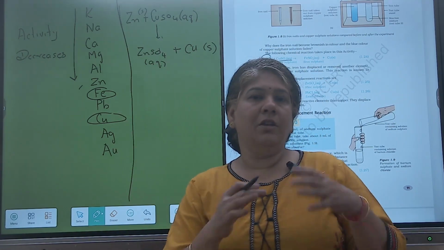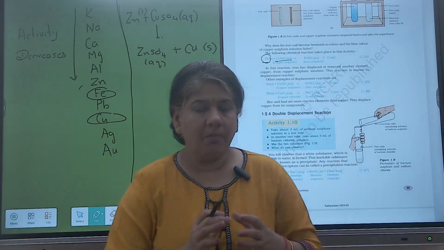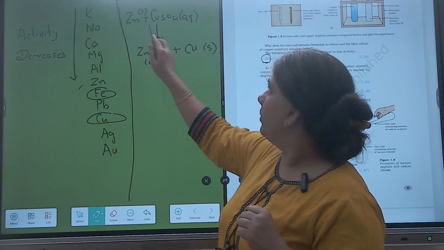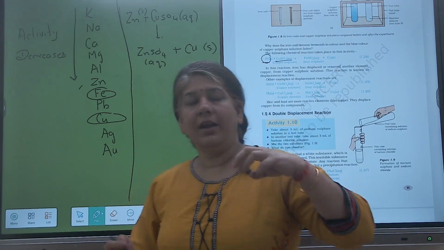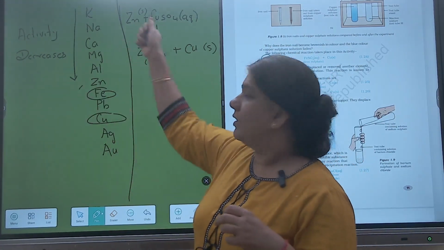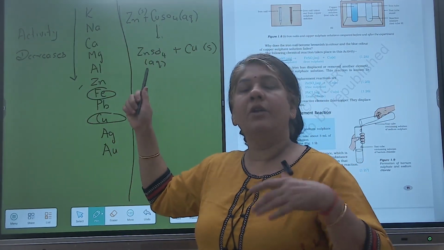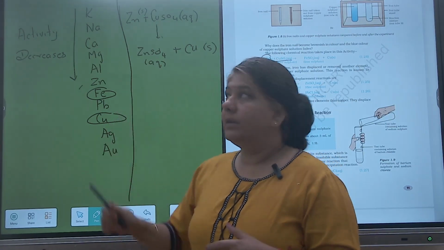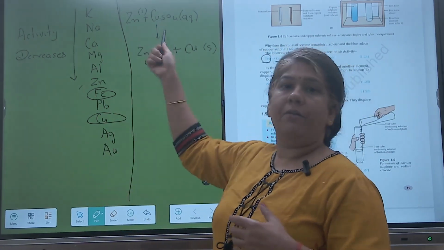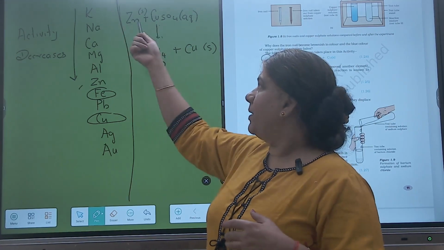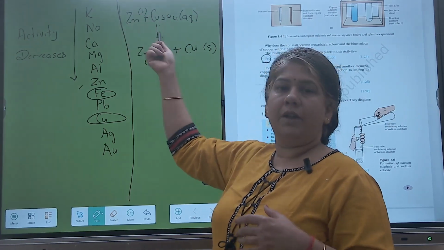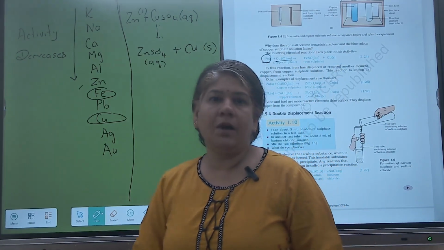Just imagine the solution is a home where the metal with lower activity is residing. The metal with higher activity will replace it or remove it from its home, or just push the copper away. So this is dominant and more powerful, so it will remove the one which is not so powerful.